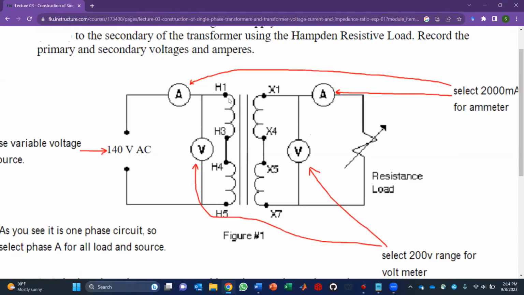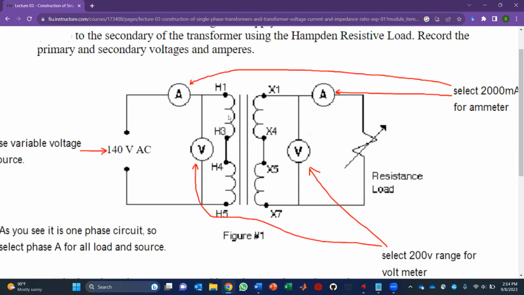So basically, this from H1 to H5 is a winding. Sorry, H1 to H5 is the primary side. So there are a couple of divisions between them, like H1 to H3 has some turns, and this is a winding, and we have another winding from H4 to H5. And I know from theory class, I guess you have learned this, the number of turns is crucial for a transformer.